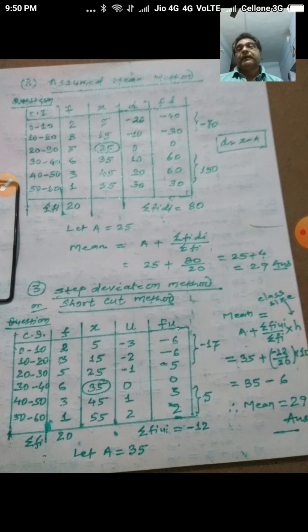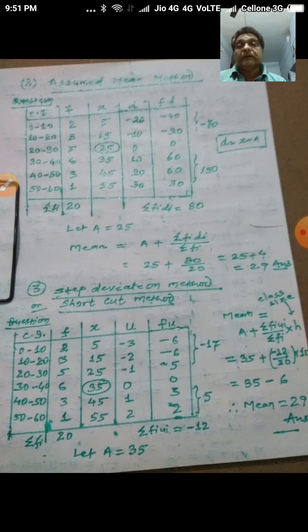So in this way we have finished finding the mean for grouped data by three different methods. One is the direct method, where we use the formula mean equal to sigma fi xi divided by sigma fi.